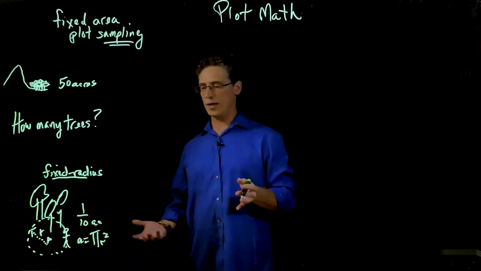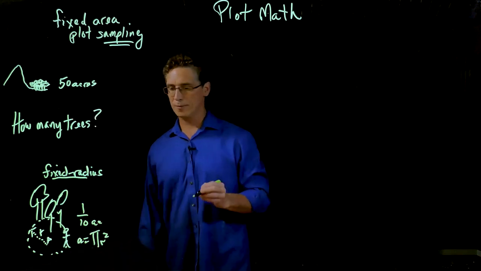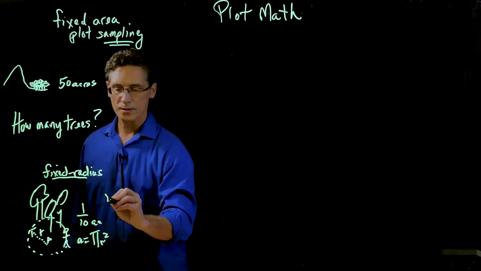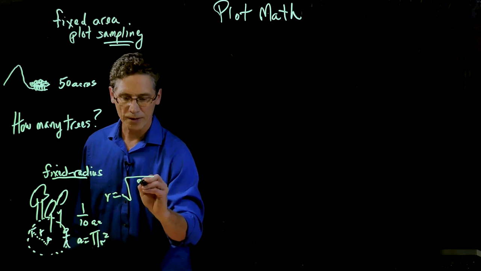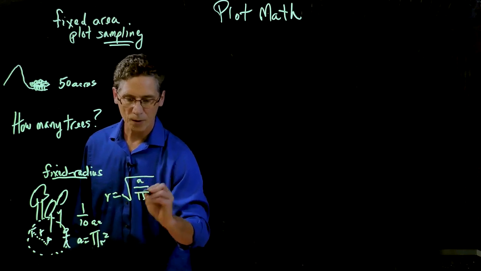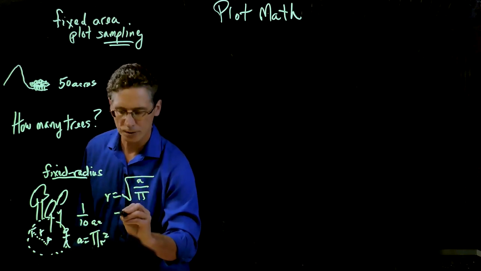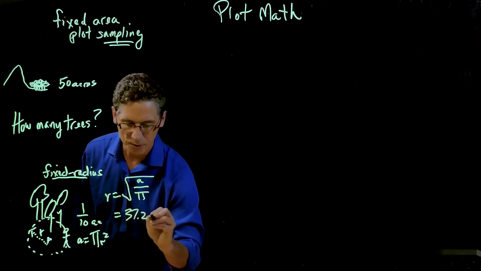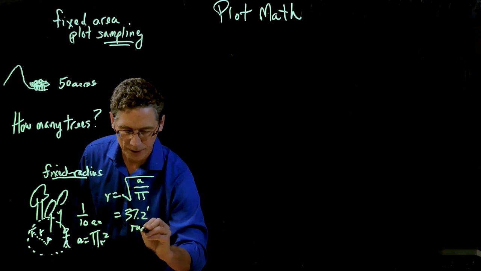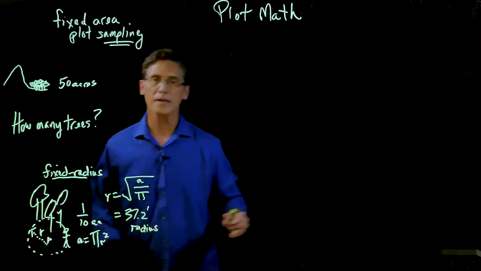So what would the radius of a circle with that area be? That radius is equal to the square root of the area over pi, which I'll just make simple and tell you that that's a 37.2 foot radius to make a 1/10 acre circle.